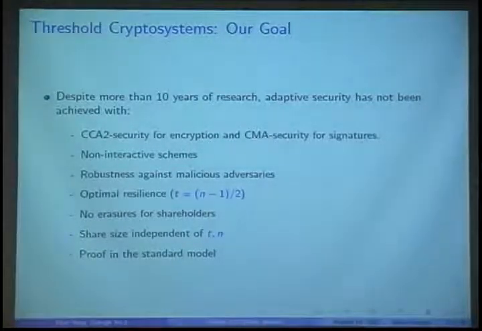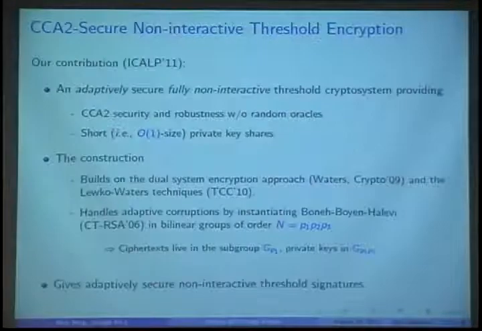We want robustness against this malicious adaptive adversary, so they cannot even delay the protocol. And we want optimal resilience because they are malicious. You need a majority, but you can do it with a majority. No erasure, share sizes independent of the number of participants. And we want to do it in the standard model, not the random oracle.